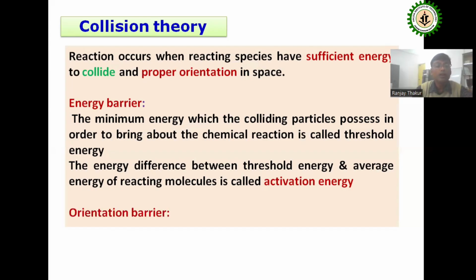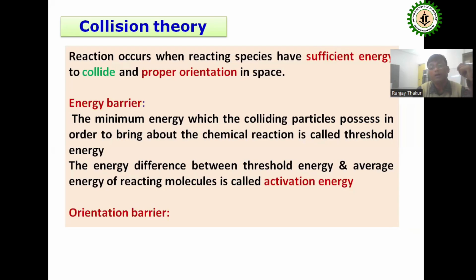Now, another is orientation barrier. As far as we consider collision theory, for collision two things are necessary. One is sufficient energy level and second is proper orientation. For the first, the energy level should reach up to the threshold level. To reach the threshold energy level needs some additional energy. That additional energy needed to reach the threshold energy is called activation energy.